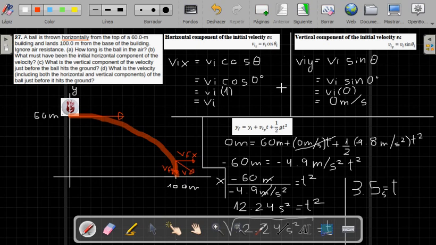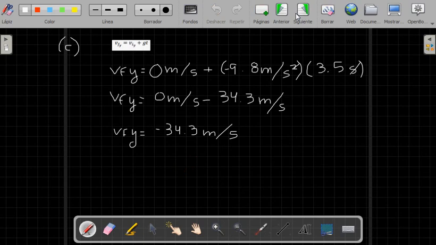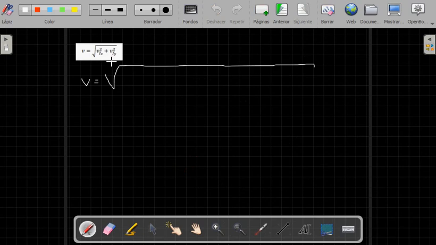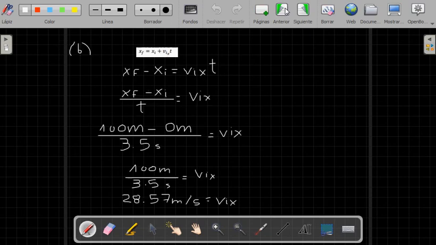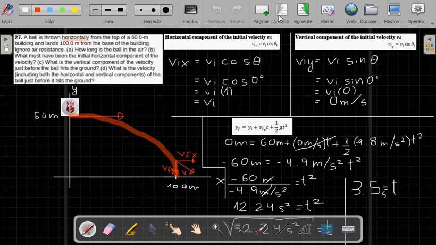Okay. The first thing that we have to replace in that formula, it will be the final horizontal velocity. Do we have it? Okay, let's take a look, because here we have the initial horizontal velocity, but we don't have the final horizontal velocity.